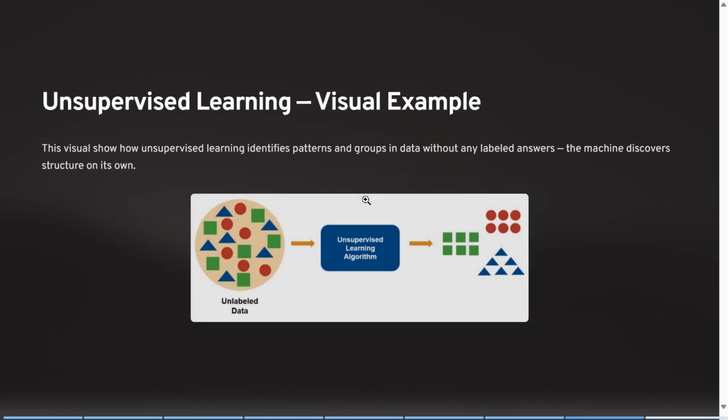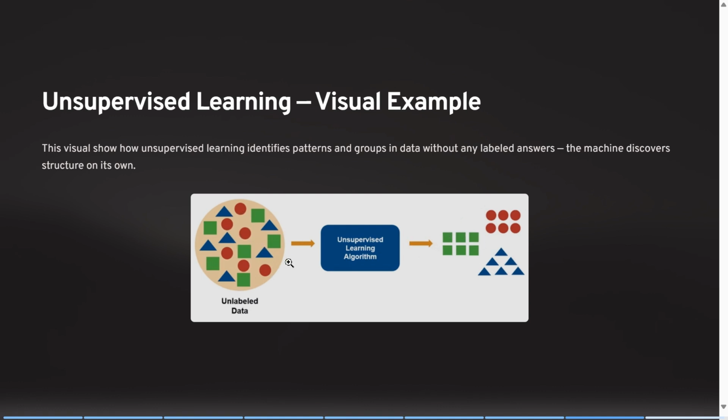Let's see this visual example. Here we see that the data points automatically form clusters. When we give an input, this is unlabeled data, so the machine does not know what these shapes are about. What it will do is find similarities between the data. It can find similarity based on color or shape, and then it will keep the similar data together and form a cluster.